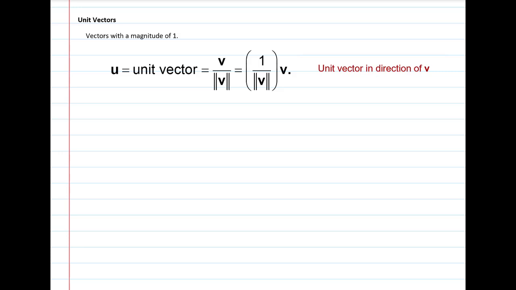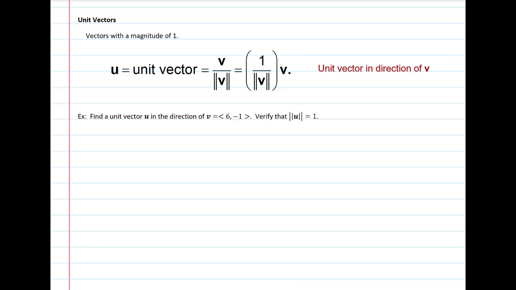So you're really just using scalar multiplication to get another vector, where the scalar is 1 over the magnitude of v. You're multiplying that times the vector v. That's going to give you a vector u that has magnitude 1.